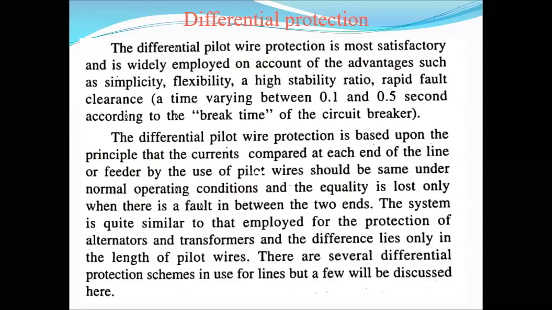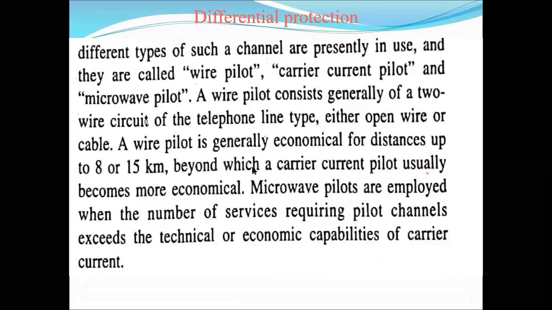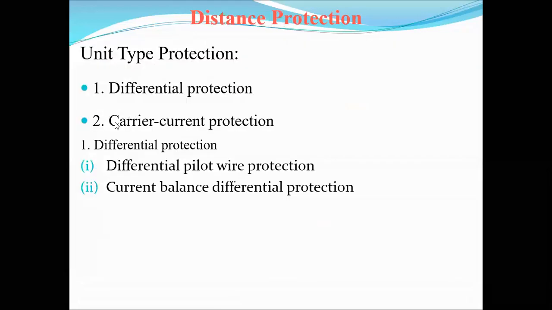Okay, there are several differential protection schemes in use for lines, but a few will be discussed here. These are the differential types of pilot wire protection. For that reason we are developing the carrier current pilot wire differential protections.